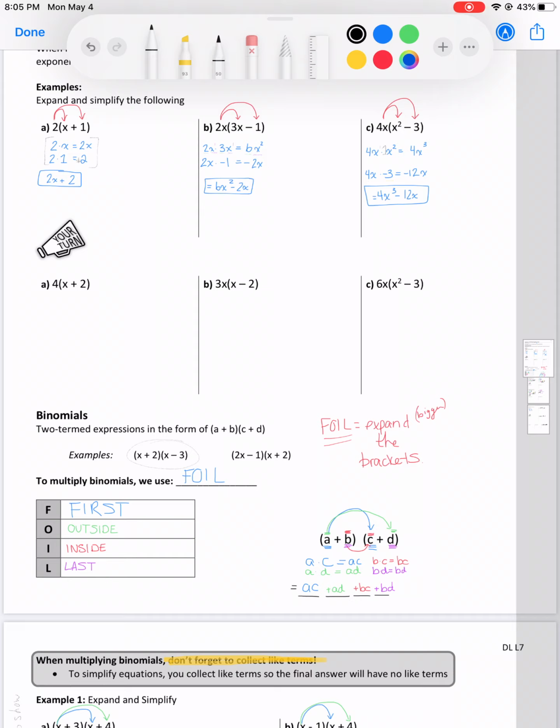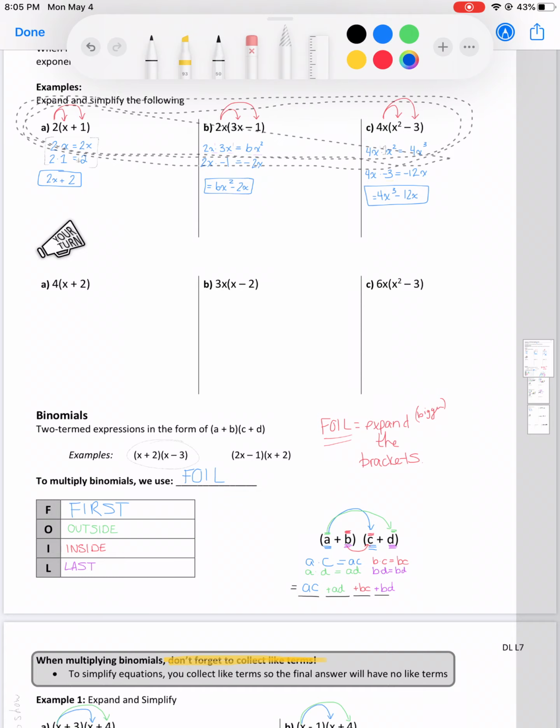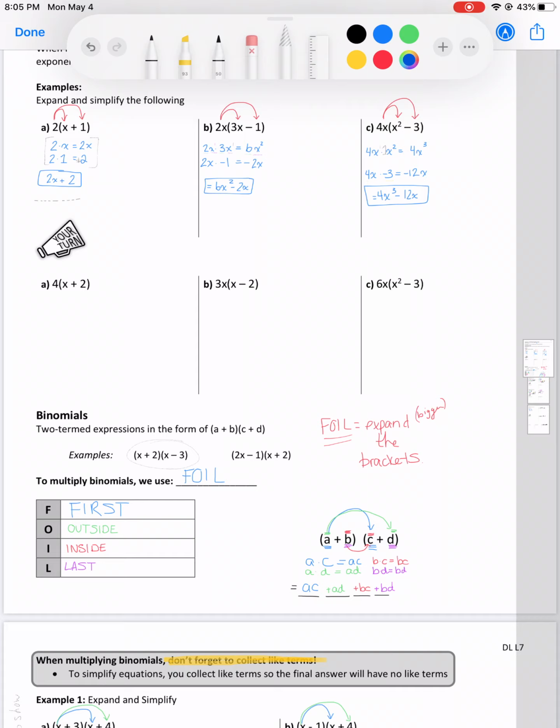What it's going to be is these top examples that are right here, with the dotted line around them. You guys are going to get the final answer, and you're going to have to go back to the original. So we're going to work backwards. Okay, guys.